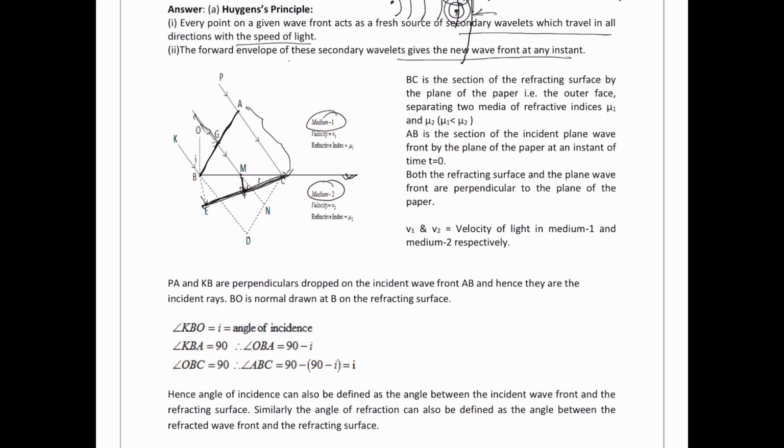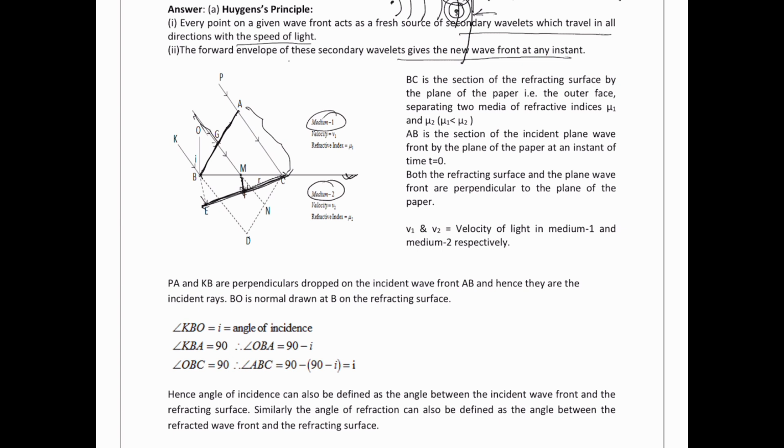In the same time as it takes from B to E, light travels from B to M and M to F. If we can show that all the light sources in the incident wavefront touch this surface CE after an instant of time t, then C will be our refracted wavefront.